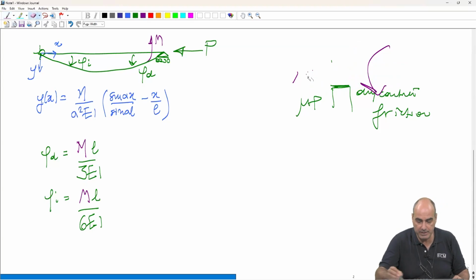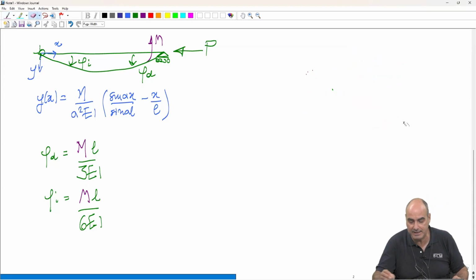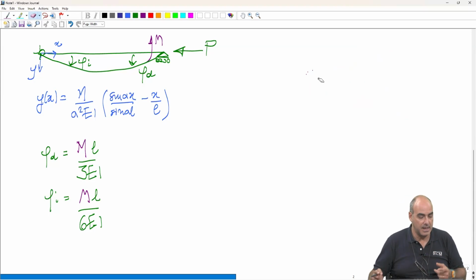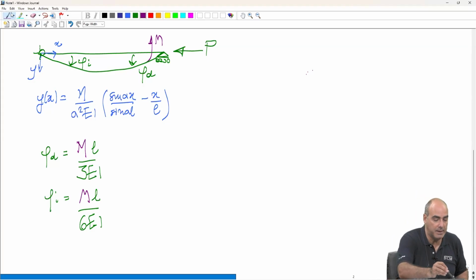So the importance, this is not just mathematics, is that through this we get the tools to analyze real structural situations. So let's go back to our previous question.